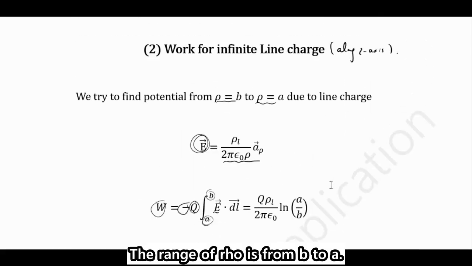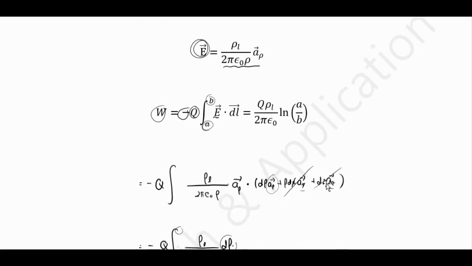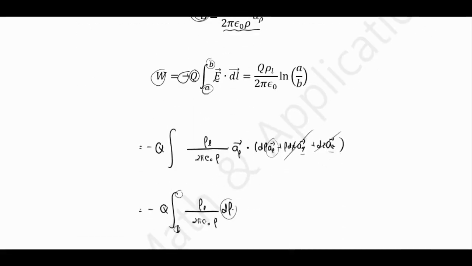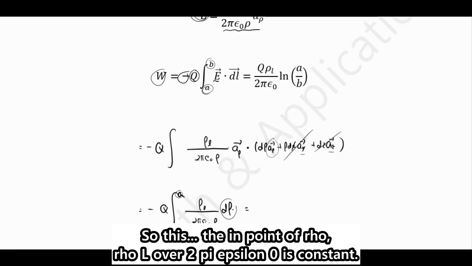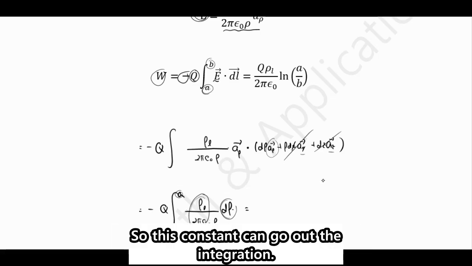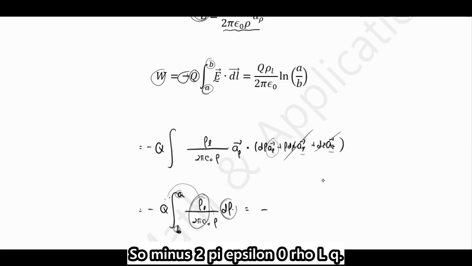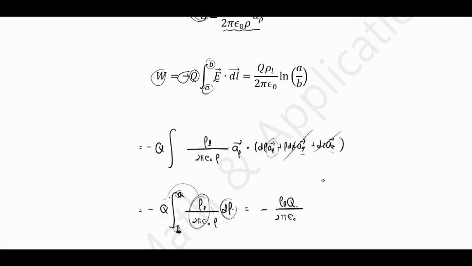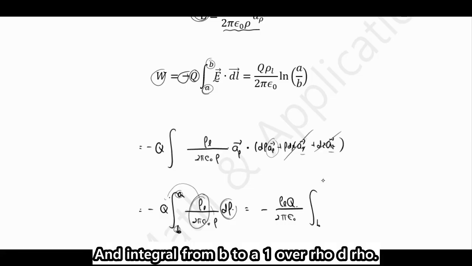The range of rho is from B to A. Rho L over 2 pi epsilon 0 is constant, so this constant can go out of the integration. So minus rho L Q over 2 pi epsilon 0 and integral from B to A of 1 over rho d rho.